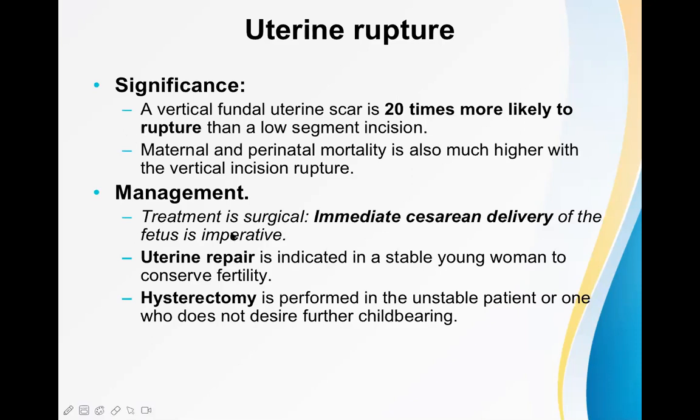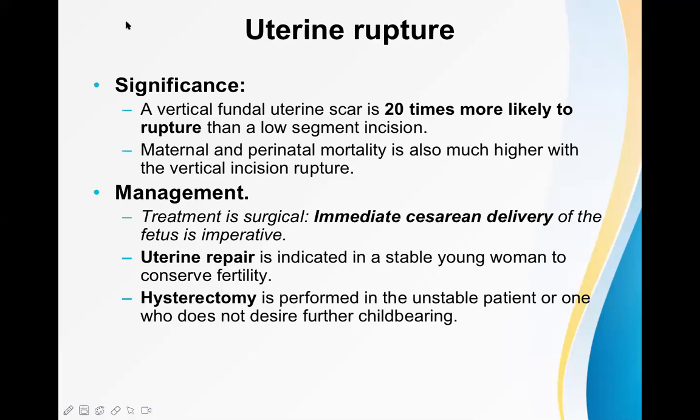Regarding the management, the treatment of uterine rupture is definitely surgical. Immediate cesarean delivery of the fetus is imperative. You don't have any longer time to waste there. You need to take the lady immediately to the operation theater and take the baby out.